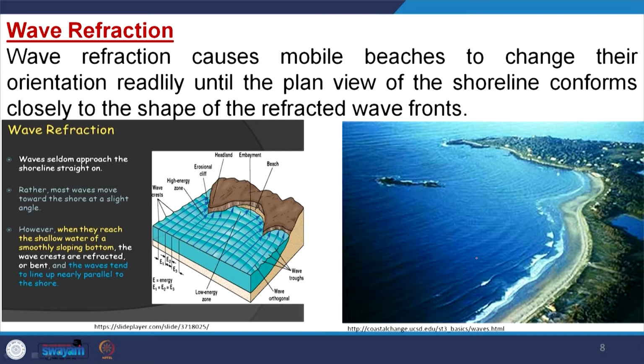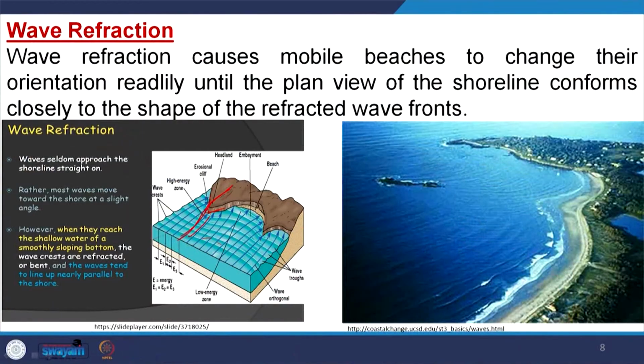You see here we have waves and these headlands, and if you take the profile of the headland, it will be like this. So, gradually they are plunging into the sea.